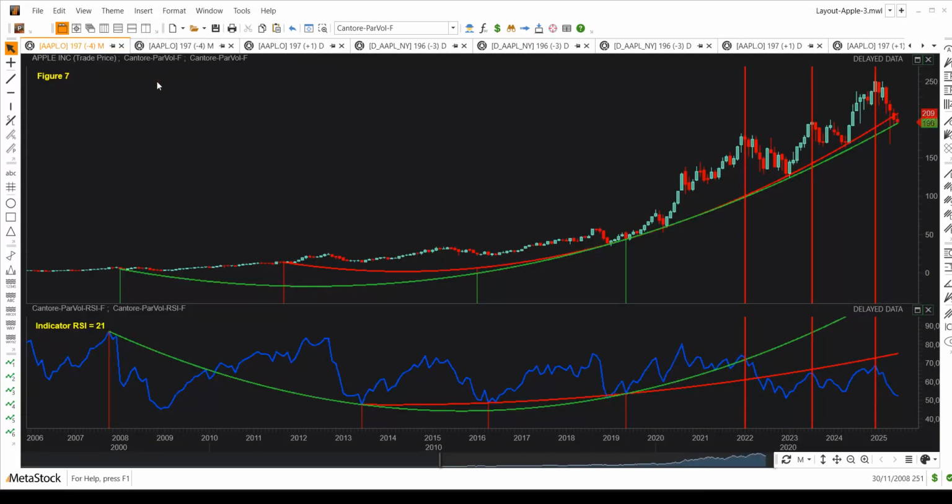To plot parabolic involutes on the chart of the RSI indicator, it is first necessary to create on the MetaStock chart the appropriate window to accommodate this chart. If anything, by plotting the original MetaStock RSI indicator with the relative strength index function and then replacing it in this window with the version created by the Cantore RSIF add-on.